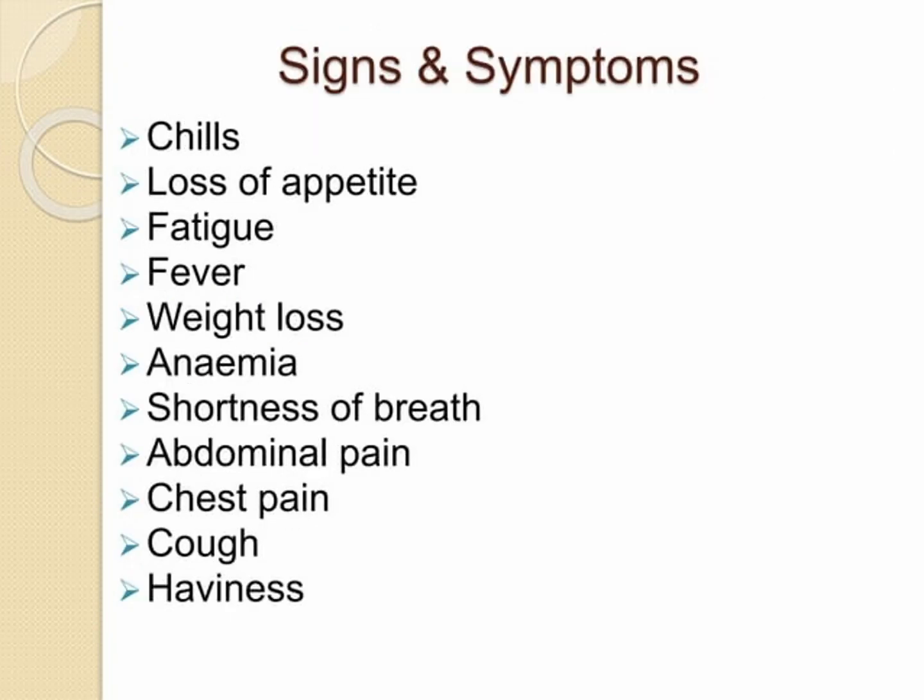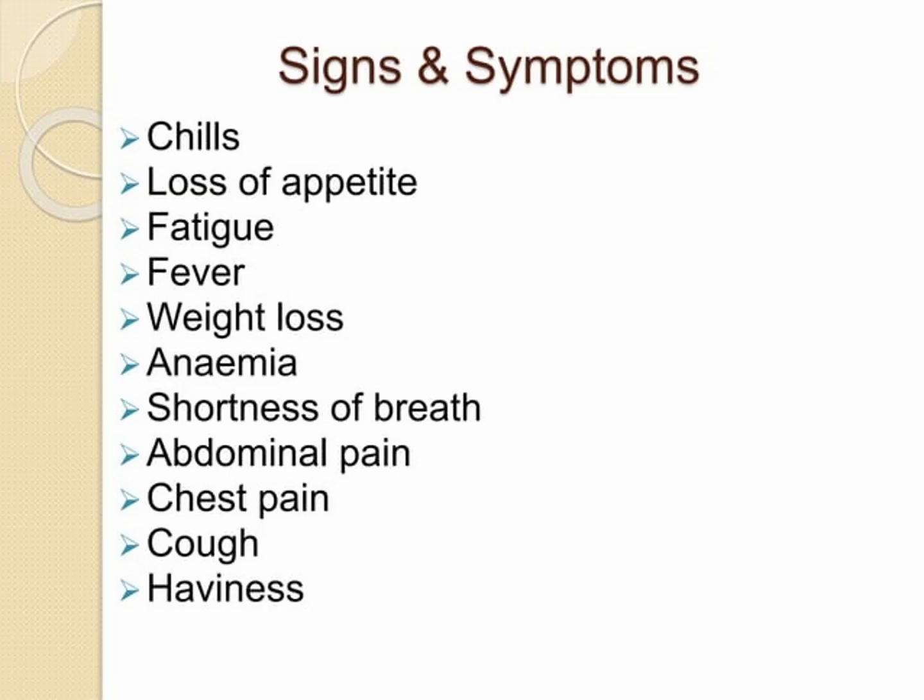These are the signs and symptoms: chills, loss of appetite, fatigue, fever, weight loss, anemia, shortness of breath, abdominal pain, chest pain, cough, heaviness. These signs and symptoms may depend upon what type of cancer the person has.